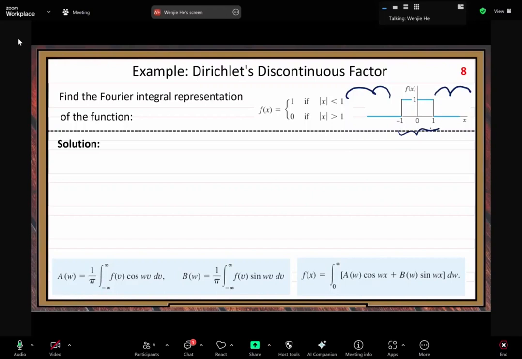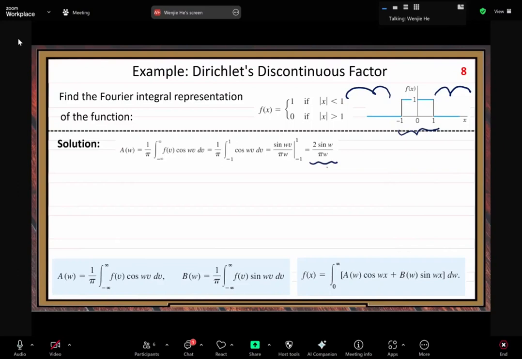We need to calculate the capital A function and the capital B function, and after that, we can represent this f function in the Fourier integral form. For the capital A function, we can do integration by parts. Pretty easy. So you get this expression.